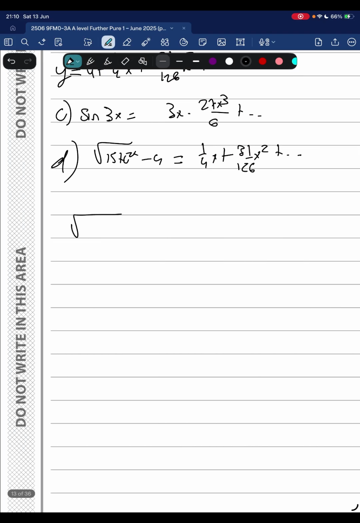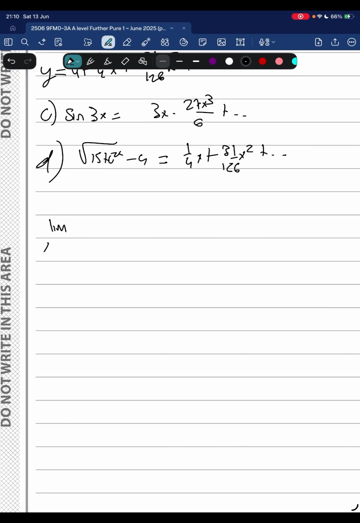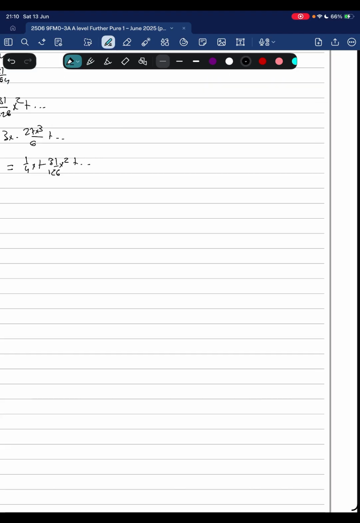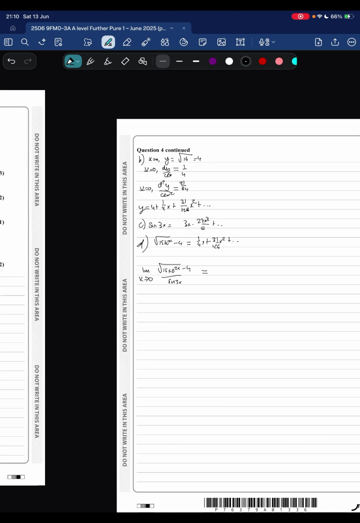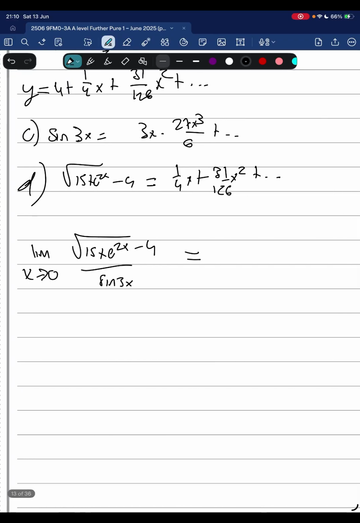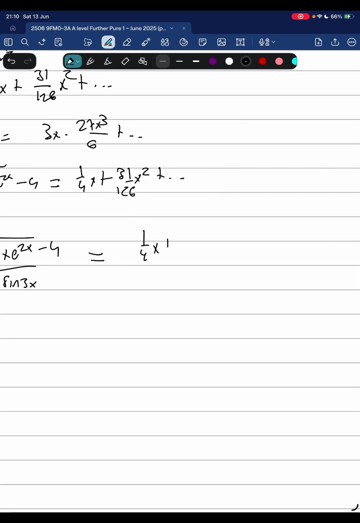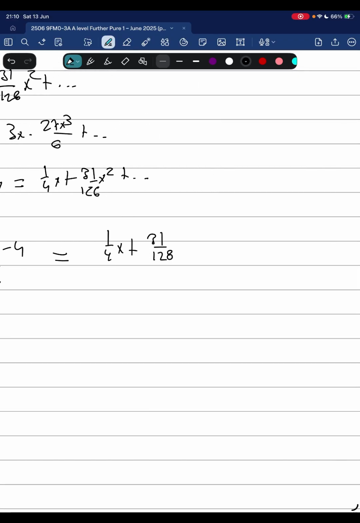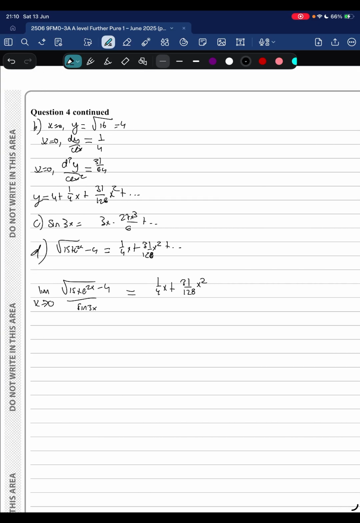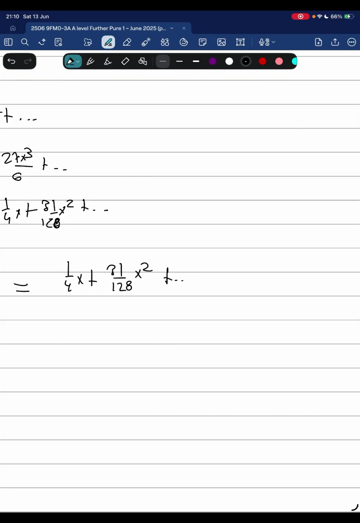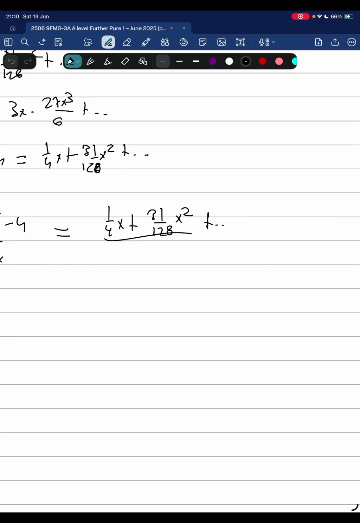So that tells us the limit as x tends to 0 of square root 15 plus e to the 2x minus 4, divided by sine 3x, equals 1/4 x plus 31 over 128 x squared plus dot dot dot, over 3x minus 9 over 2 x cubed plus dot dot dot.